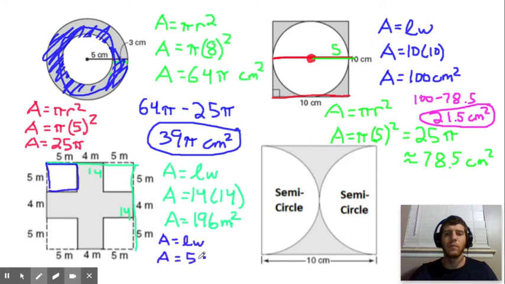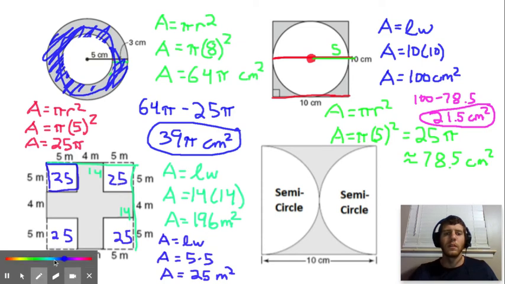So 5 times 5 is going to give us 25 meters squared. And that's 25 for each of them: 25 for this one, 25 for this one, 25 for this one, 25 for this one.